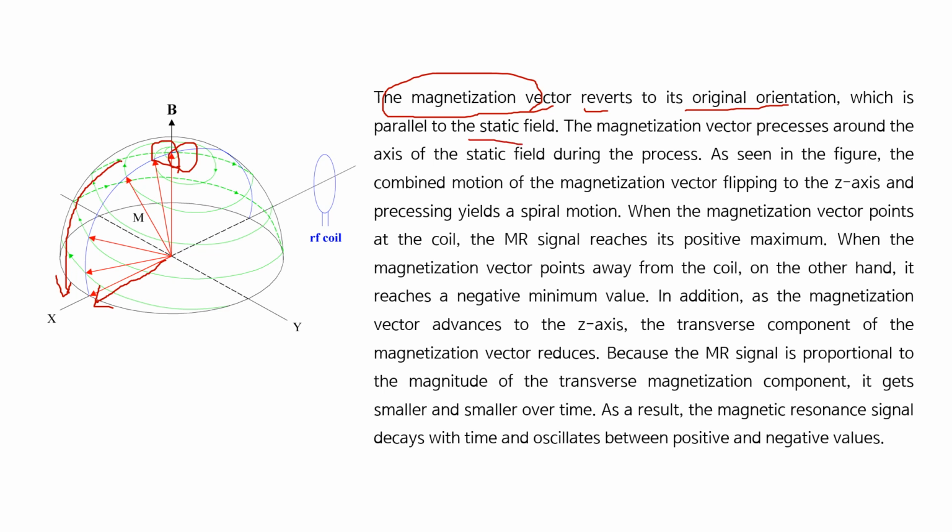The magnetization vector precesses around the axis of the static field during the process.